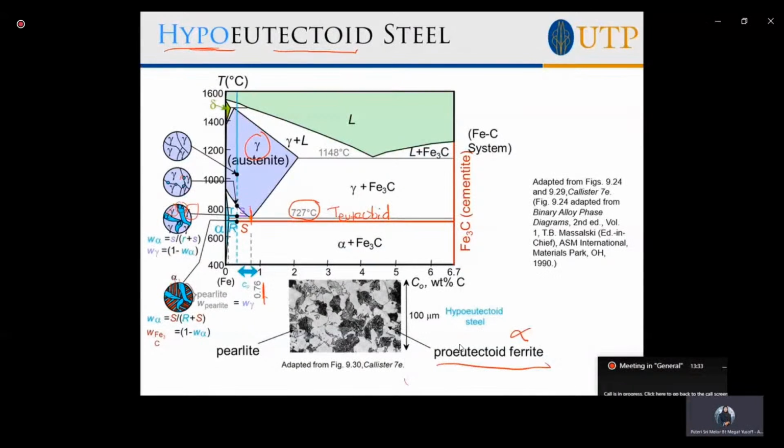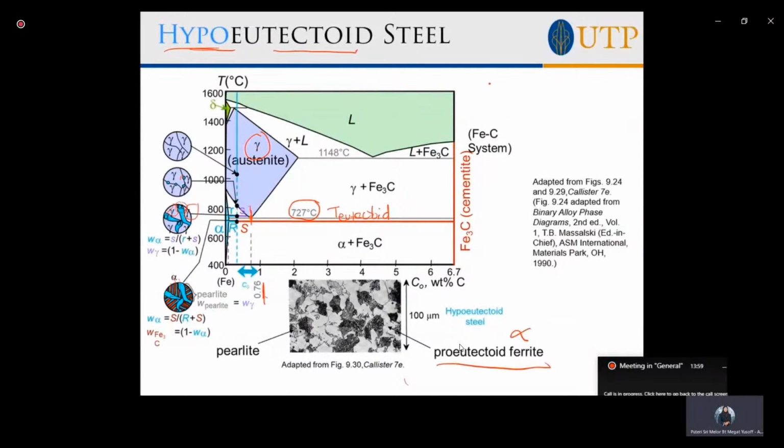That's what happens, similar to the eutectic case, but now the names change a little bit. In the same way, if you want to read the composition and the amount, you need to draw the tie line. If you draw the tie line above the eutectoid temperature, you're going to find the composition for alpha and gamma.